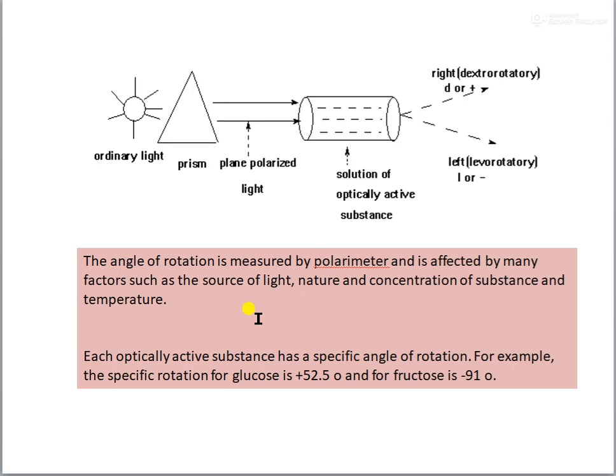And if the solution through which you pass the plane polarized light is fructose, it will move it in the levo direction, towards the left, at an angle of about minus 91 degrees. So this property can be used to find out which carbohydrate we have.